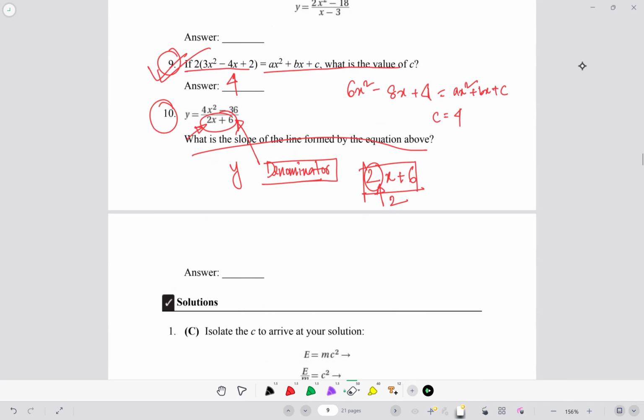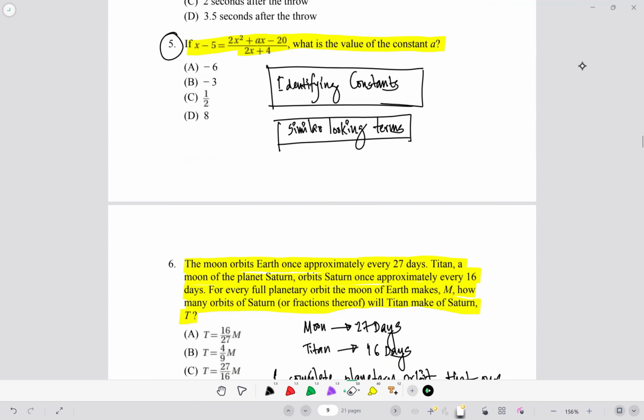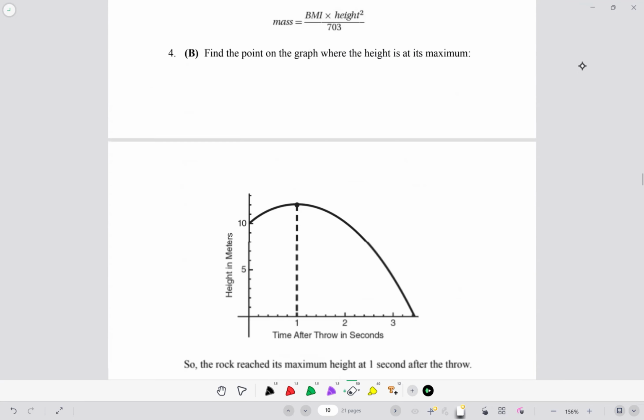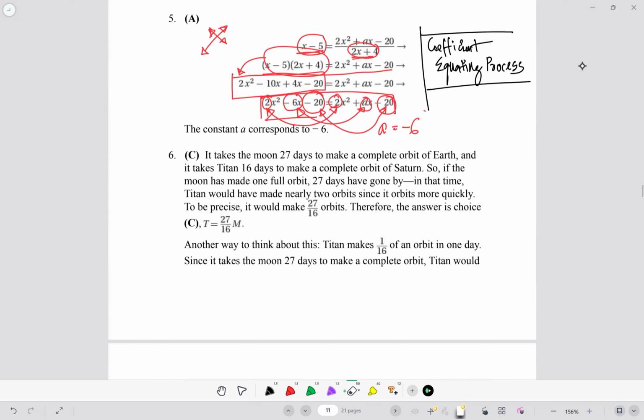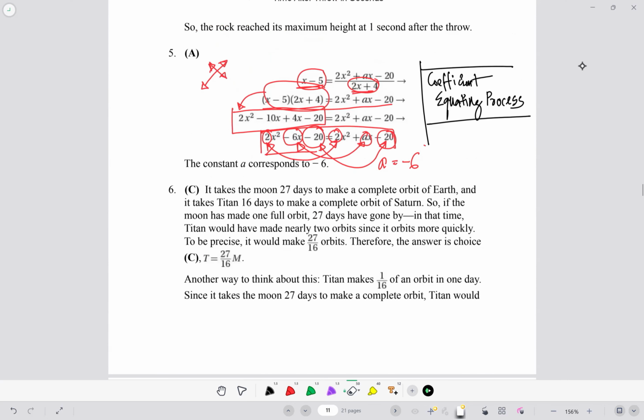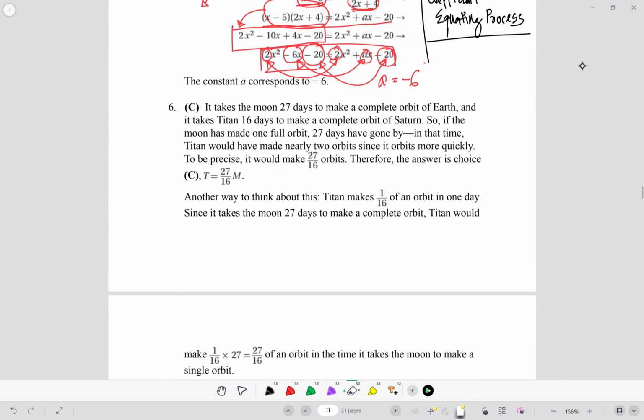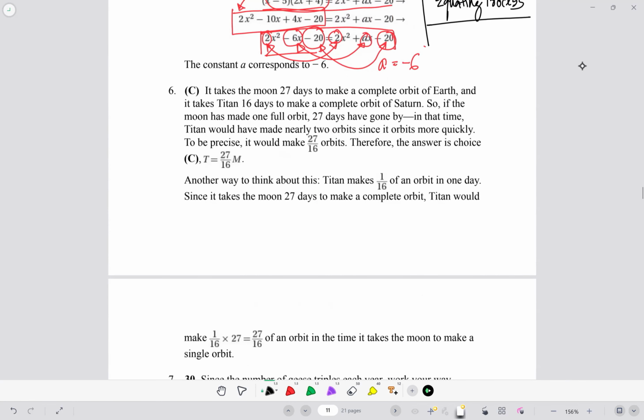Okay, let's look at what they're telling us. Problem number 6. Basically, they're just asking, for one complete planetary orbit that our moon can do, what is the required time for Titan?